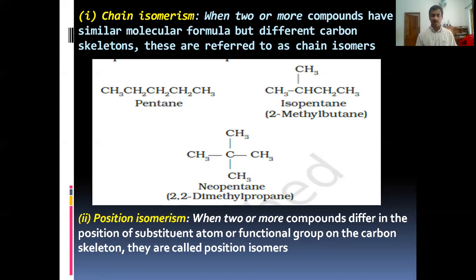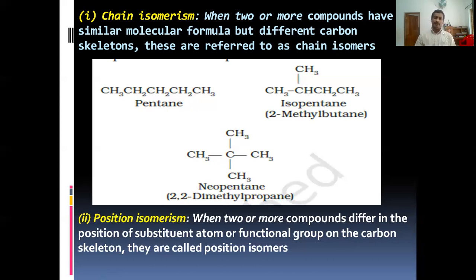Now position isomerism. Position isomerism arises due to the difference in the position of the functional group or multiple bond. Position isomers have the same molecular formula, but they differ only in the position of the functional group, double bond or triple bond.